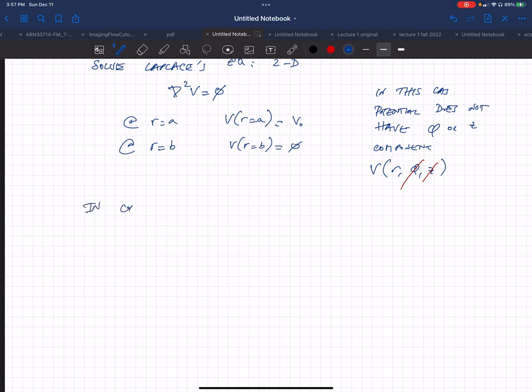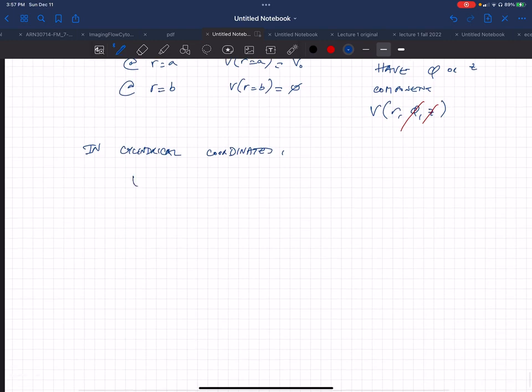So then in cylindrical coordinates, we have Laplace's equation, del squared V equal to 0. This is something we need to just look up in math tables. Sorry, we have to look at the solution there.